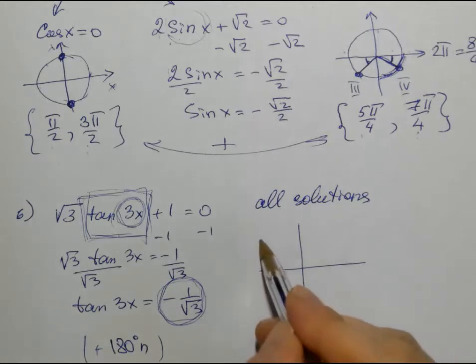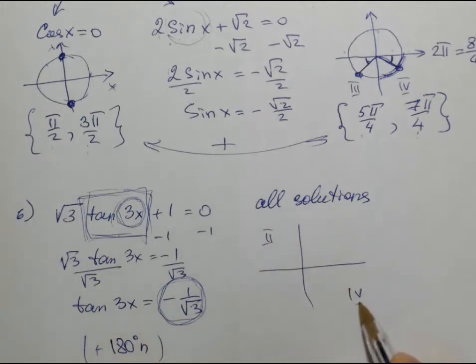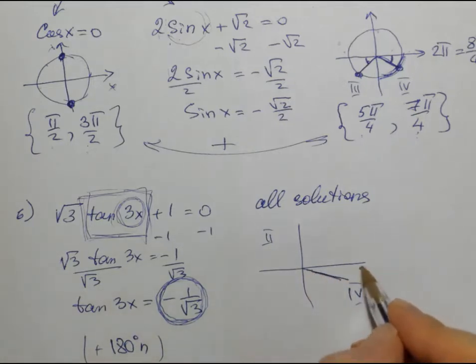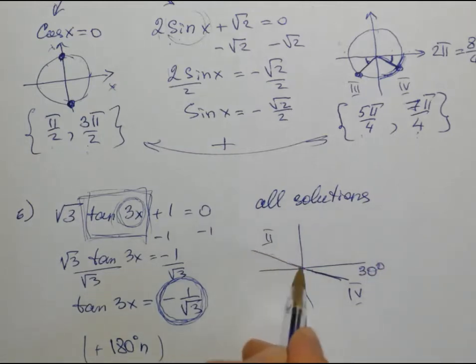Tangent is negative in the second quadrant and in the fourth quadrant. And we know that 1 over square root of 3 is the tangent of a special angle of 30 degrees. So tangent of 30 must be smaller than tangent of 60. If you remember that one of them is square root of 3, then the other is 1 over square root of 3, then square root of 3 is the tangent of 60, and 1 over square root of 3 the tangent of 30 degrees. So the reference angle is 30 degrees here or 30 degrees here.